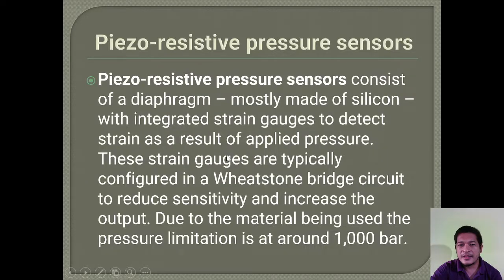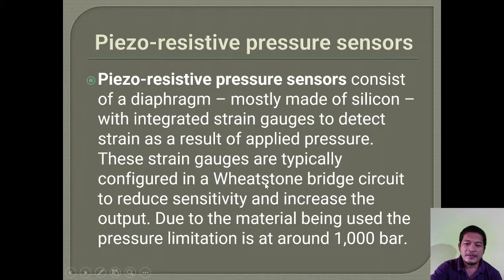Okay, next is the piezoresistive pressure sensor. It consists of a diaphragm, mostly made of silicon with integrated strain gauges to detect strain as a result of applied pressure. These strain gauges are typically configured in a Wheatstone bridge circuit to reduce the sensitivity to temperature and increase the output.